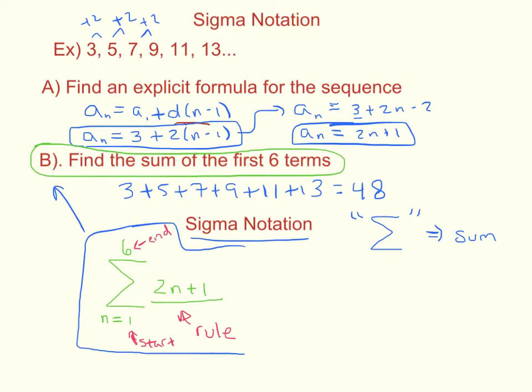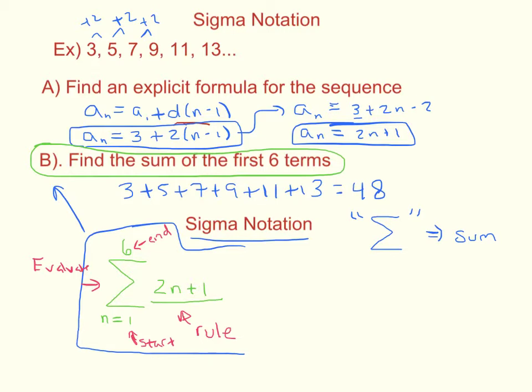So let's pretend I had one of those Men in Black tasers, and I held it in front of your face, and you just completely forgot that we did question B. If I then asked you to look down here and evaluate this expression, this is how it works.